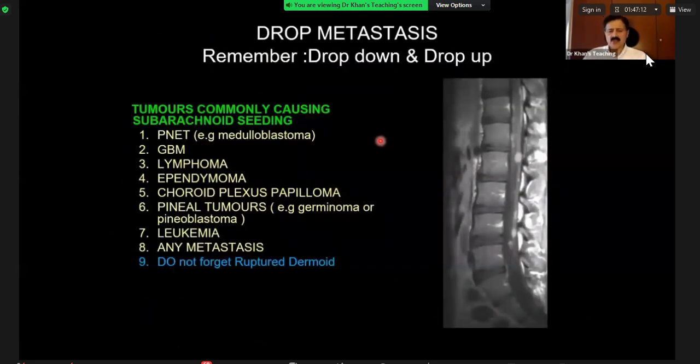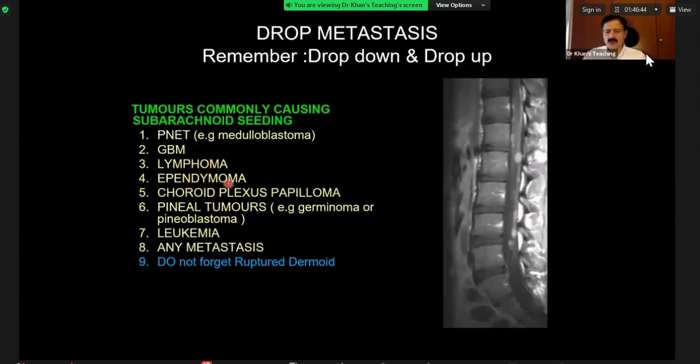This thing is not given in your Chapman, so you must make a note of this, that tumors which commonly cause subarachnoid seeding include medulloblastoma, GBM, lymphoma, ependymoma.